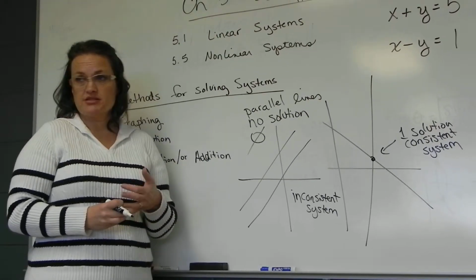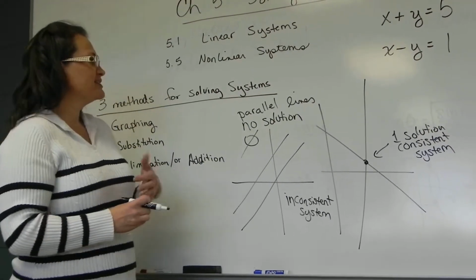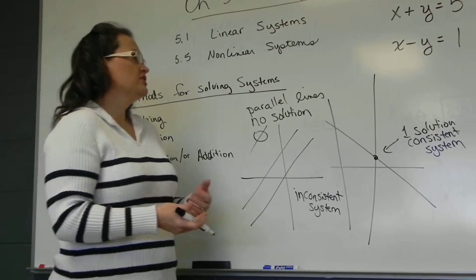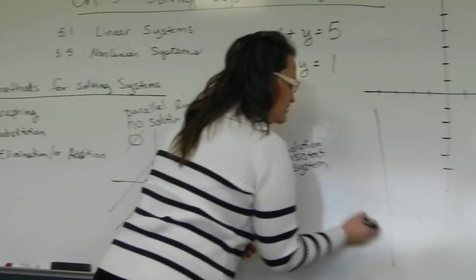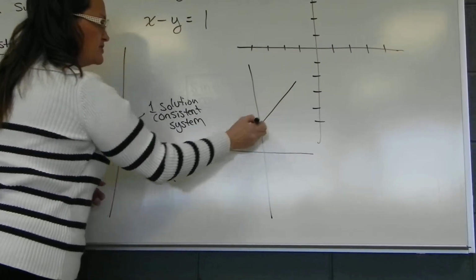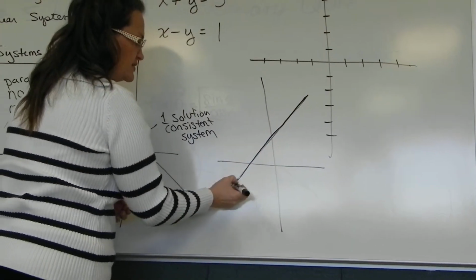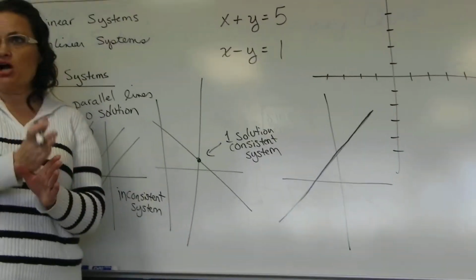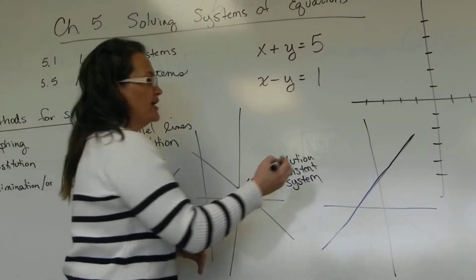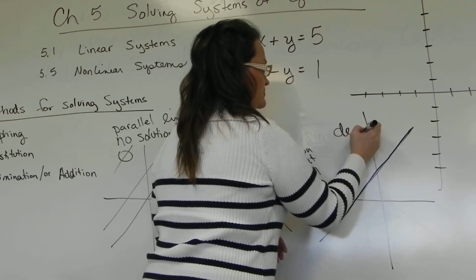Now there is a third possibility. And sometimes you can't tell just looking at the equation from the beginning, but when you get the equation graphed, it winds up just being a line, and then the other line lies right on top of it. It's an equivalent line, a line on top of the line, and we call that a dependent system.